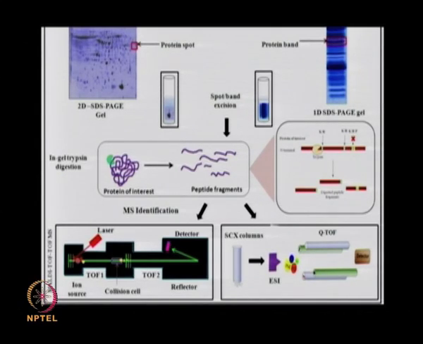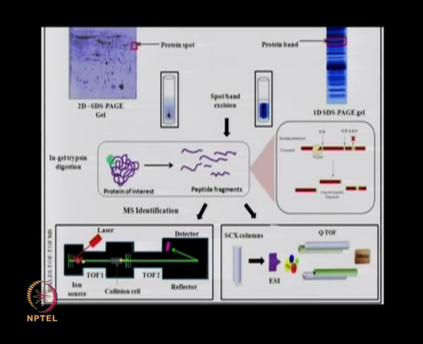This slide gives you the overview of various steps involved in the in-gel digestion process and also how various types of samples can be analyzed by using this method, whether you have a 1D SDS PAGE gel or a 2D SDS PAGE gel. In either way, you have to do the in-gel tryptic digestion.